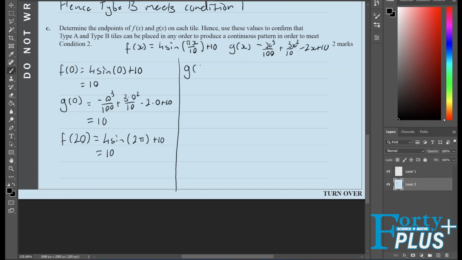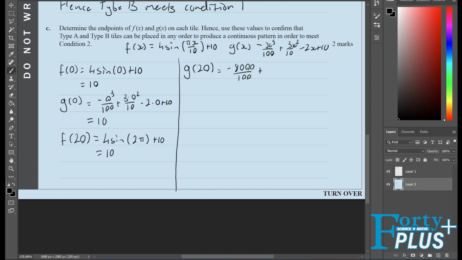Then we'll have g of 20, so that's going to equal negative 20 cubed, which is negative 8,000 over 100, plus 3x squared.